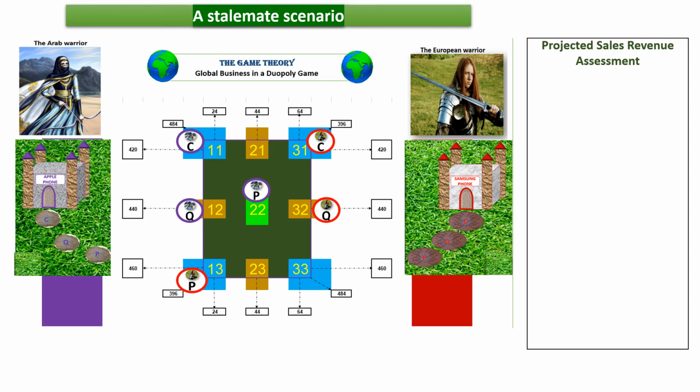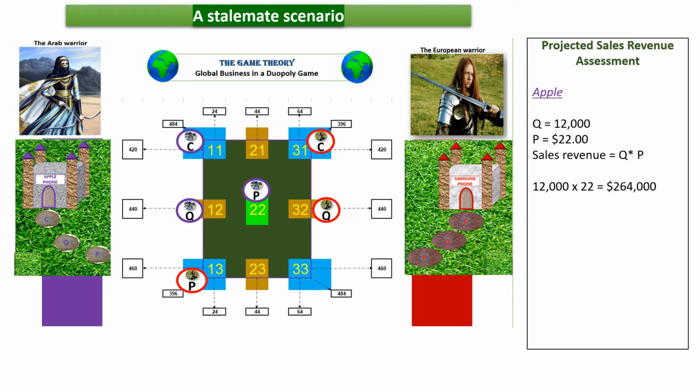As you can see on the board, we cannot draw a straight line through each opponent's pieces. So in order to compute the projected sales revenue, in the case of Apple, we will read the corresponding numbers for the piece Q and the piece P.